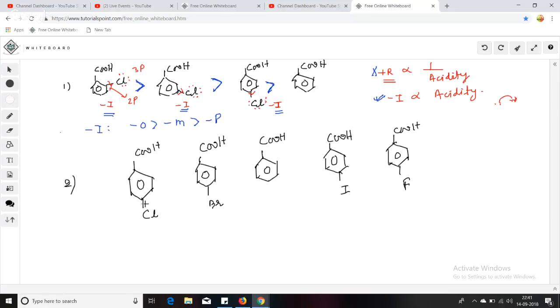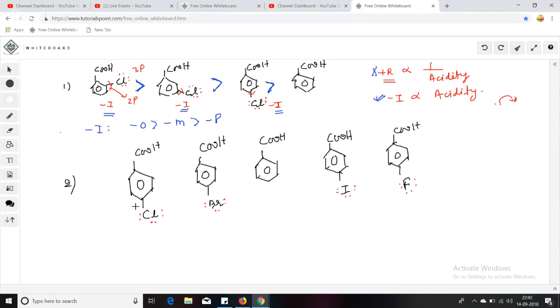Now you come back when you see this compound. Okay, in this also we have the same thing, right? Because all these halogen atoms have lone pairs on them. So again we can talk about resonance over here. Lone pair, lone pair. Here also we have three lone pairs.